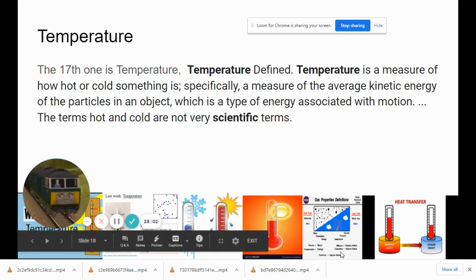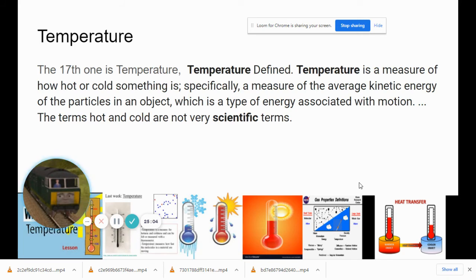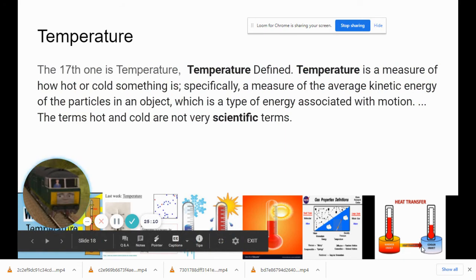Give me your best effort. Heat transfer: heat transfers from a warmer object to a cooler object. The cooler object's temperature goes down, and the warmer object's temperature goes up.